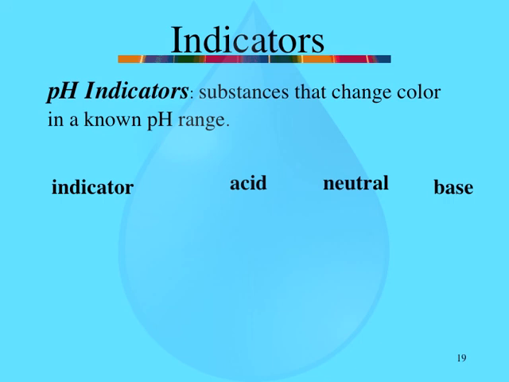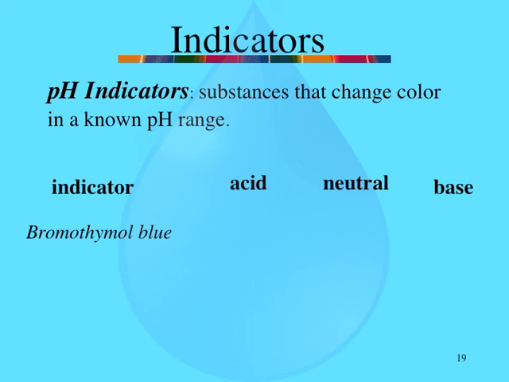So there are all kinds of indicators, actually, for all kinds of different things. We're going to focus on the pH ones at the moment. The indicator that we're going to be focusing on is called bromothymol blue, and we're going to use this in a lab that we do in a week or so. So anyway, bromothymol blue is the one that I need you to be really aware of what happens.